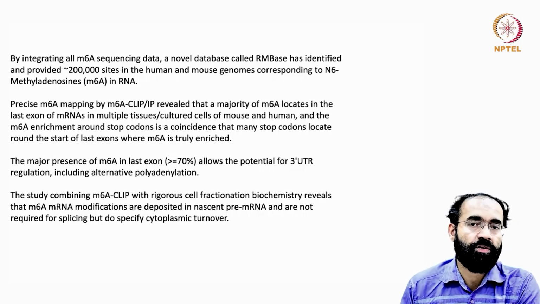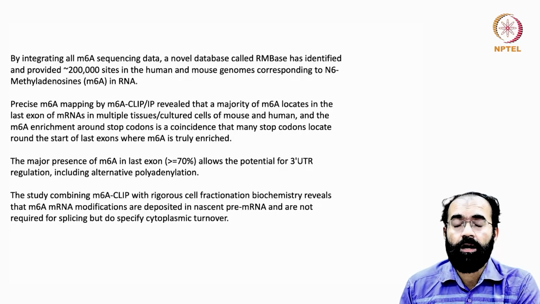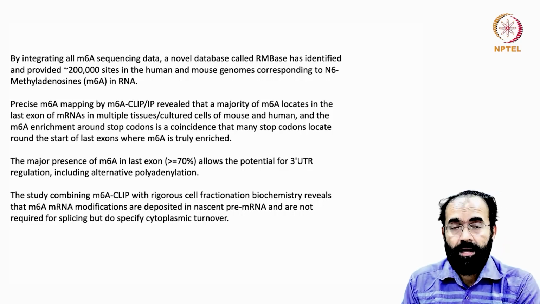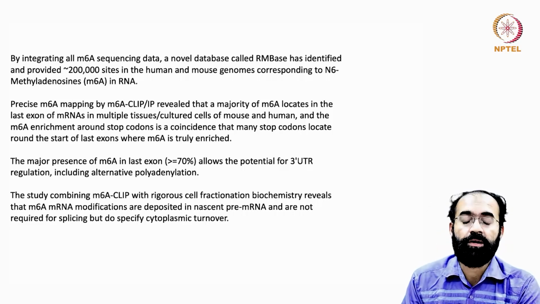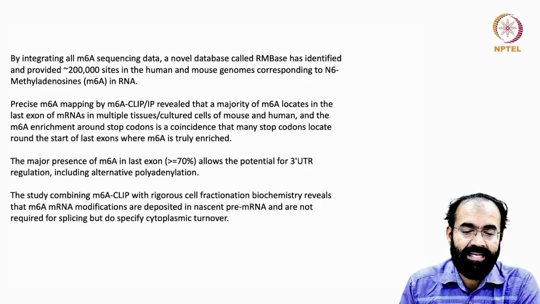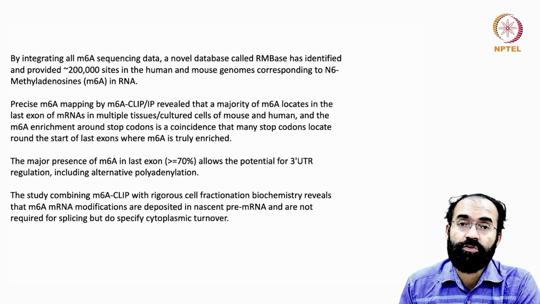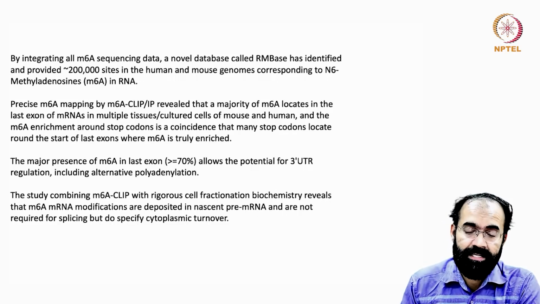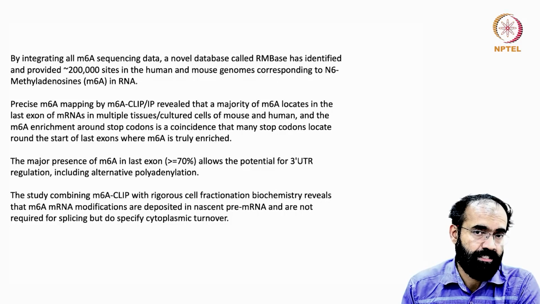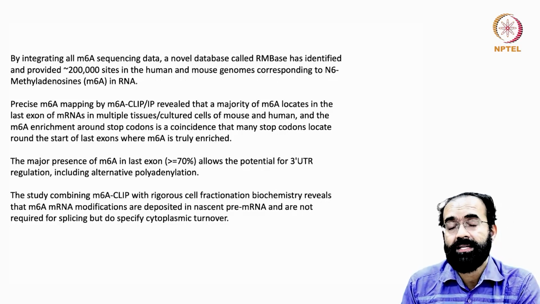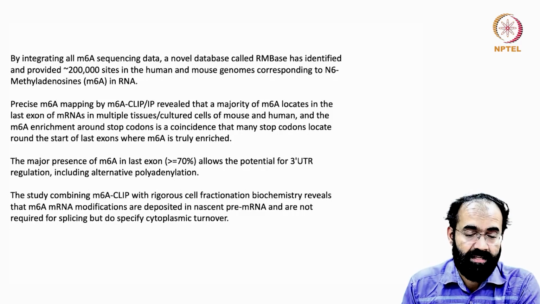Like we already saw the consensus sequence, and how many mRNAs have this and how many possible binding sites are in those mRNAs. So around 200,000 binding sites are present in human and mouse genomes corresponding to the N6-methyladenosines, that is M6A adenosines in the consensus region. Not just any random adenosine, it should match the consensus sequence as you discussed in the previous slide.